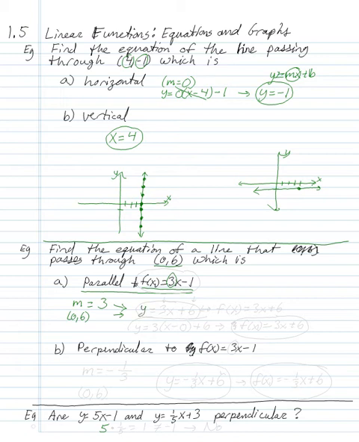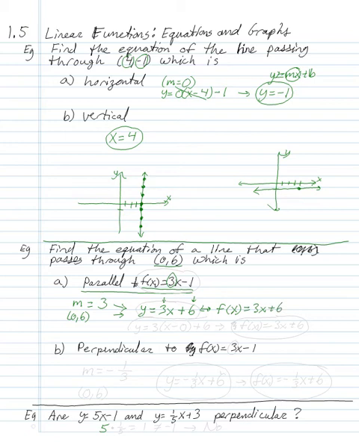I can say the equation is going to be y equals 3x plus 6. Here we've inserted our slope and our b, the y-coordinate of the y-intercept. We could leave it in that form, or we could write it in function notation. We could say f of x equals 3x plus 6.